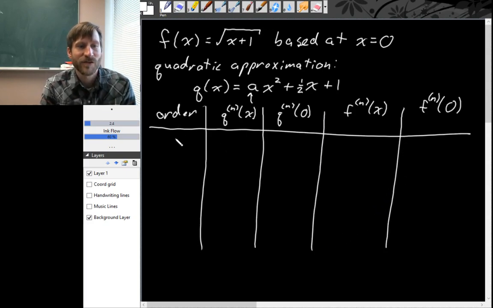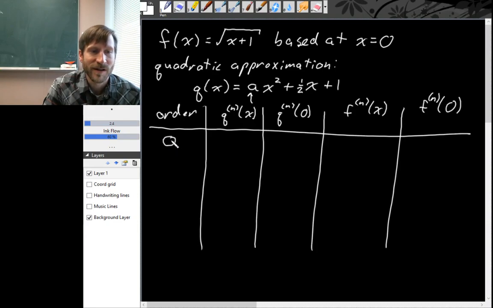And so for order 0, remember the order 0 derivative, that's no derivatives at all. So the 0th derivative of our polynomial is ax squared plus 1/2 x plus 1. And when we evaluate that at 0, we get 1.